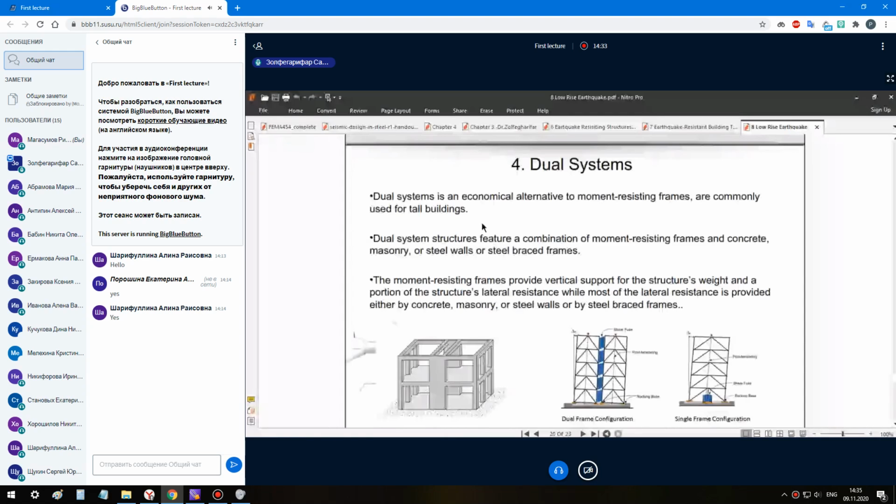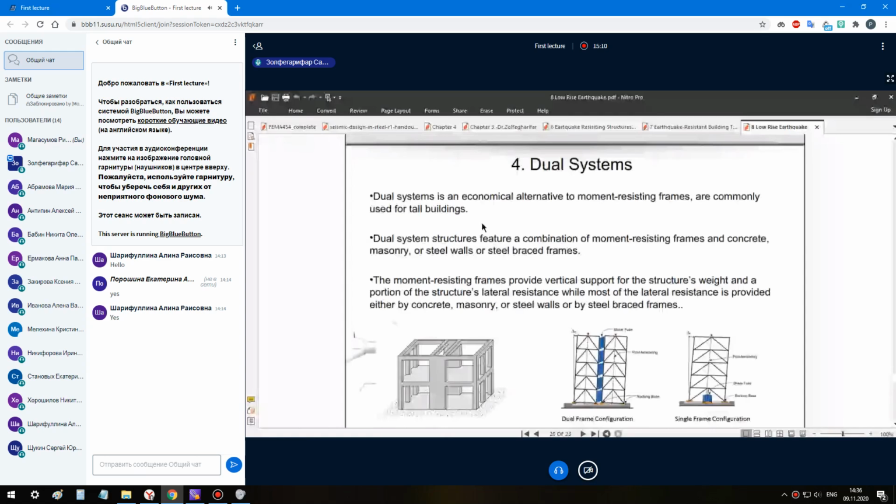Dual system structures feature combinations of moment resistant frames and concrete masonry or steel walls or steel braced frames.